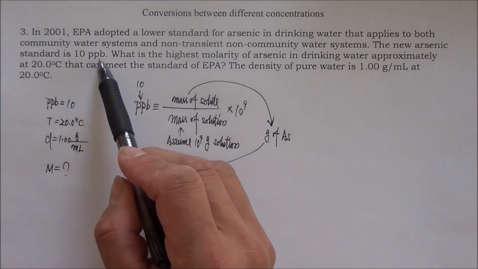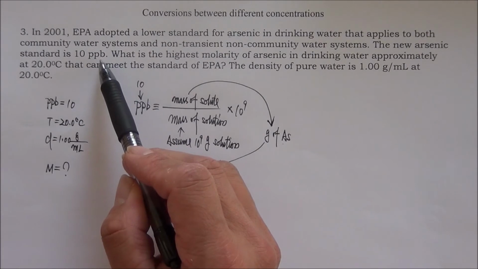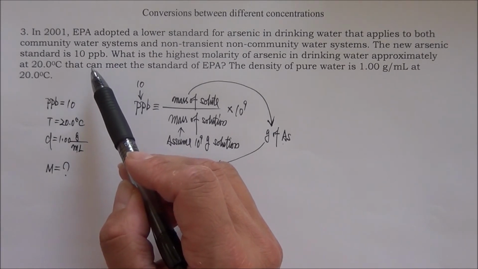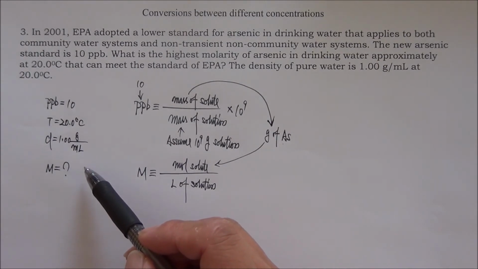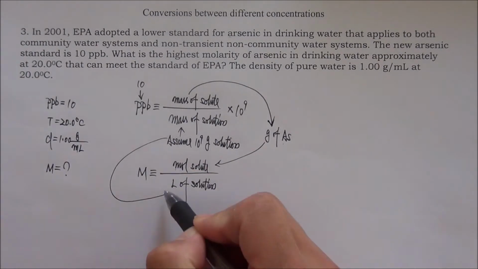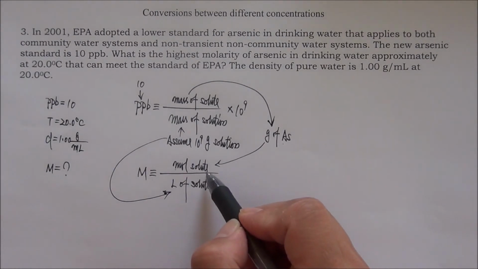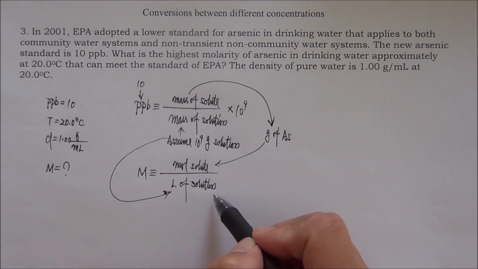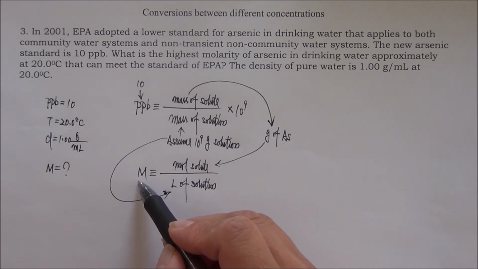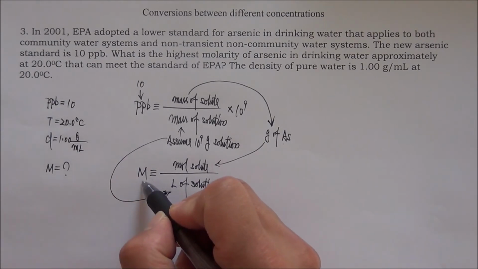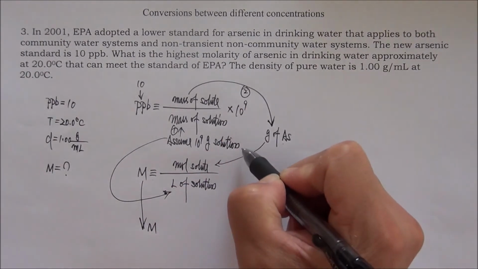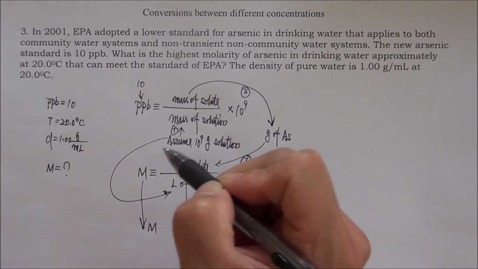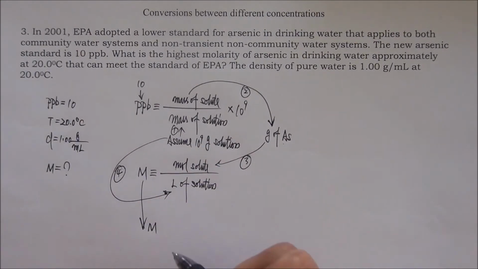Because 10 ppb is a very, very low concentration, we can safely assume that the density of the solution is approximately the same as the density of pure water. After we find the moles of the solute and the liters of the solution, we can plug into the definition of molarity, then calculate the molarity. This is our step 1, step 2, step 3, step 4, step 5.